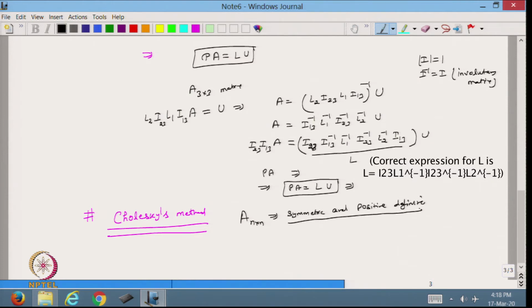So, two conditions are there, symmetric and positive definite, then the LU decomposition is given by Cholesky.